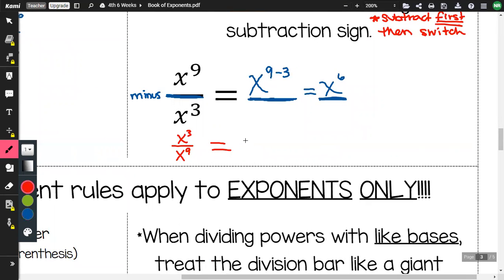So we subtract, it brings everything to the top. And this time we are subtracting not 9 minus 3, but 3 minus 9. And 3 minus 9 gives us what? -6. X to the power of -6. Can I leave a negative in my final answer? No. So you bring just the power with the negative to the other side.